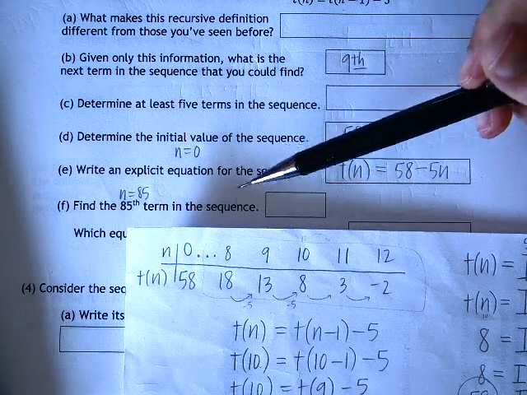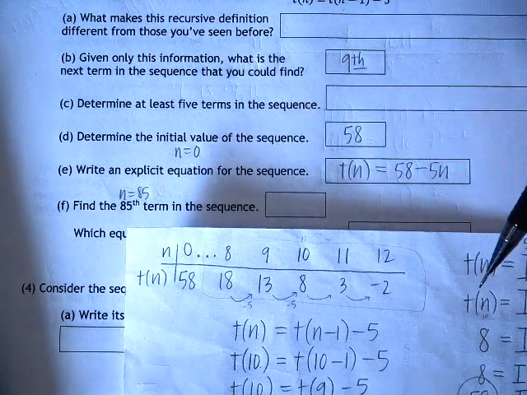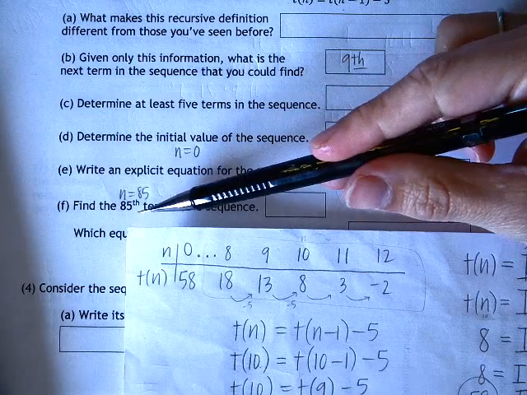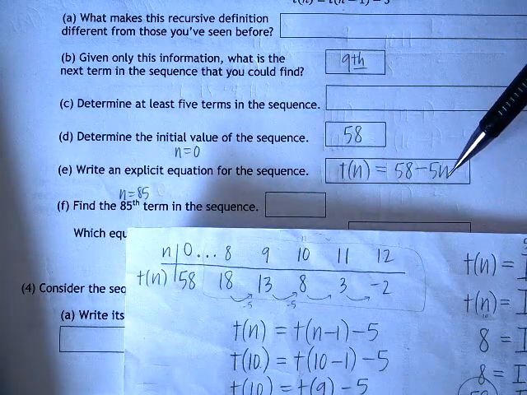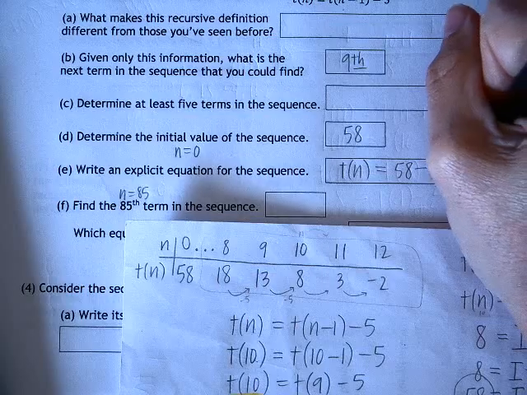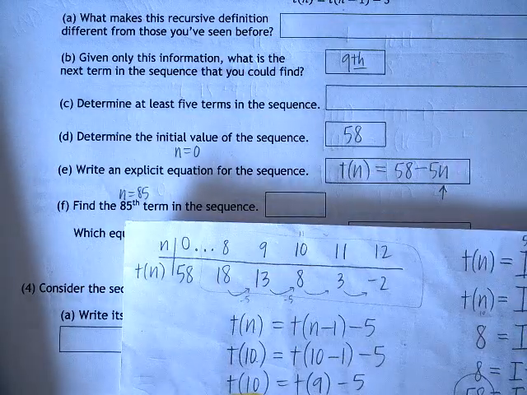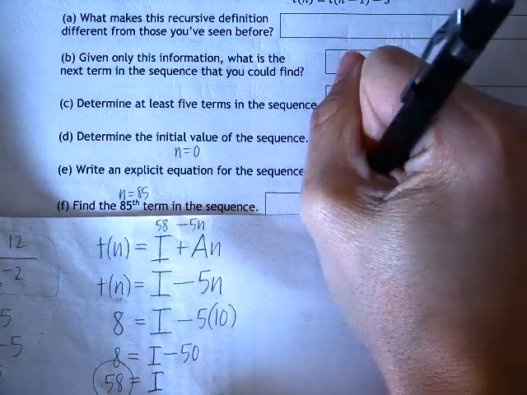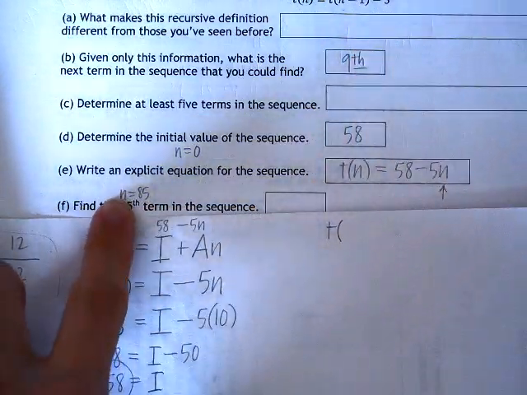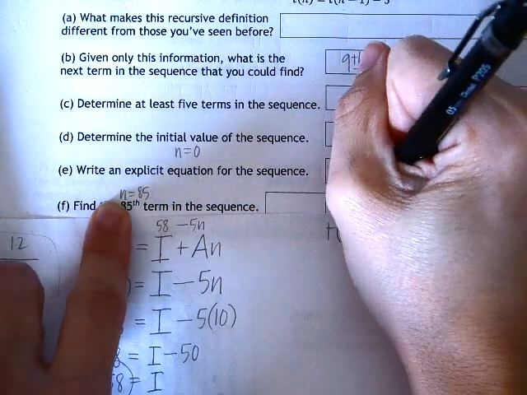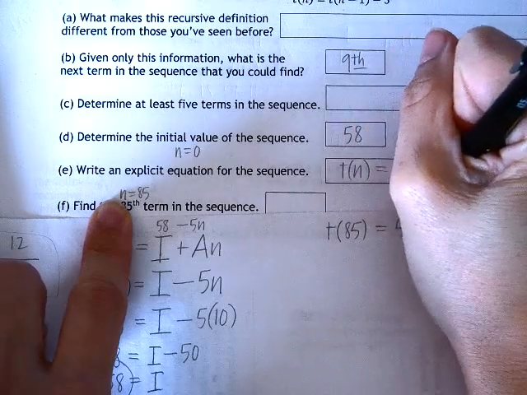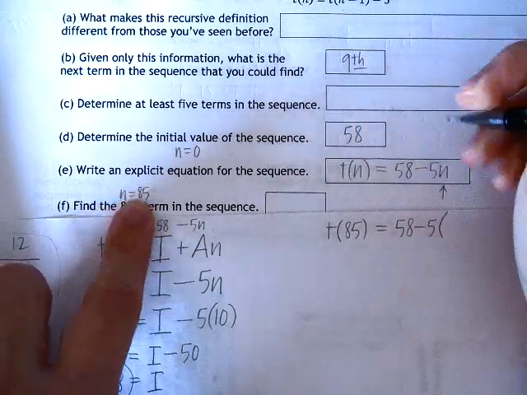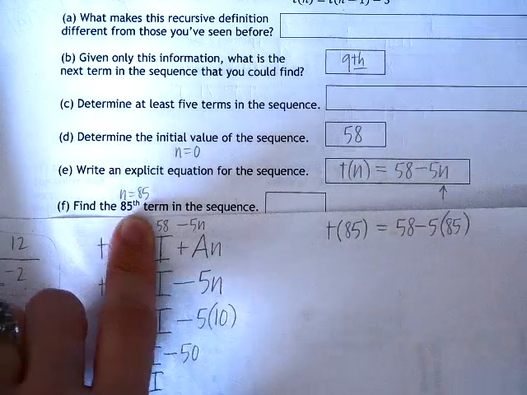I'm thinking that if I know n is 85, I could plug in that 85 to my explicit equation, and that should be able to tell me the 85th term. Let's verify, see if that's true. T of, make a substitution, n is 85, equals 58 minus 5 times, again, n is 85, a substitution.